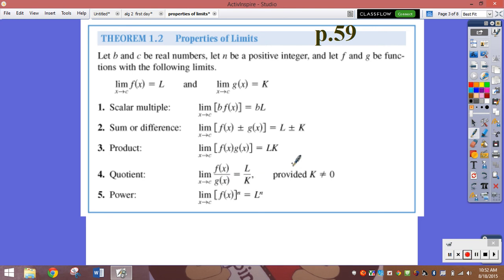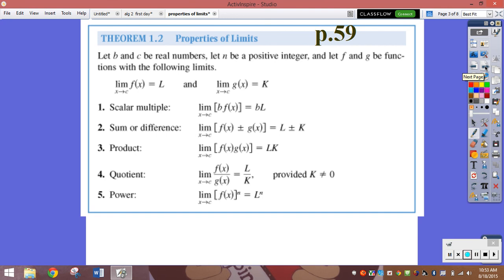That is only under the condition where the limit of the denominator function does not equal 0, because then it would be undefined. And we will look at cases where it does equal 0. Not today, though. And then lastly, if we have some function raised to a power, then I can find the limit of that inner function and raise it to that power. So these just make limits a lot easier to evaluate.